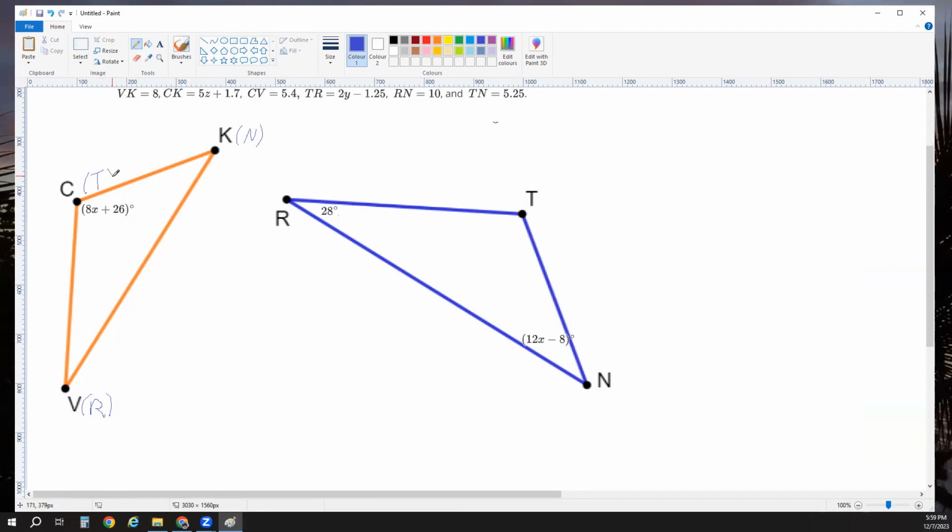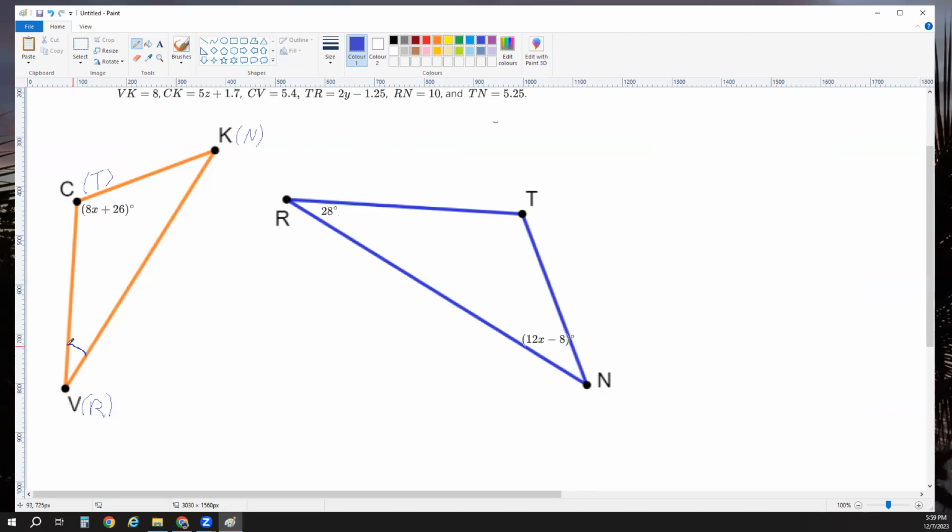All right. So now, what do I know about the internal angles of a triangle? The sum of the internal angles of a triangle, if I add them all up, is going to equal 180 degrees. So I'm going to make some marks here to help me identify what is congruent to what.